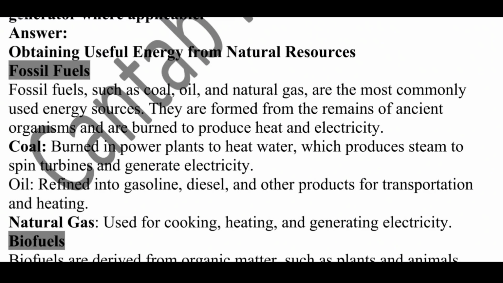They are formed from the remains of ancient organisms and are burned to produce heat and electricity. Coal is burned in power plants to heat water, which produces steam to spin turbines and generate electricity. Oil is refined into gasoline, diesel, and other products for transportation and heating. Natural gas is used for cooking, heating, and generating electricity.